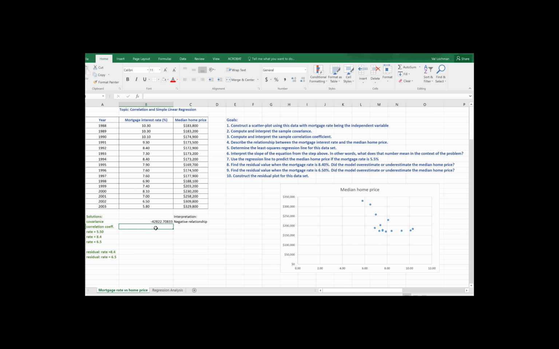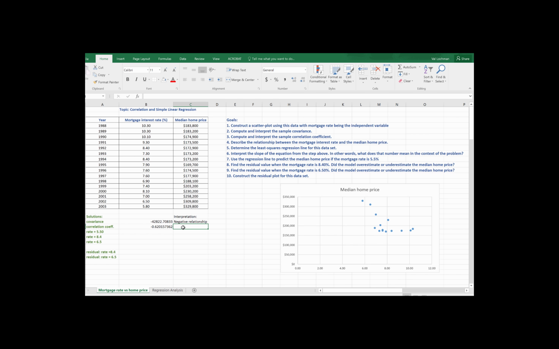Okay, so let's see. What are we going to do here? We're going to go ahead and say this is equal to correlation coefficient. This one you should also know from previous chapter. Same as before, we're going to highlight the first column, second. There you go. And here you have negative 0.62.